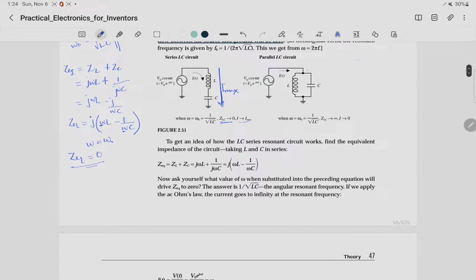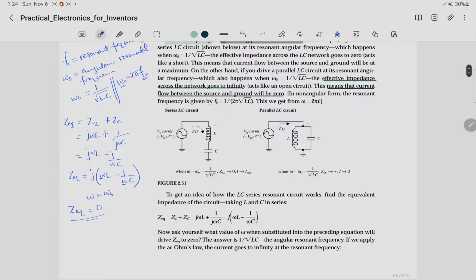If we were to theoretically analyze this circuit, we would also see that at resonant frequency, the voltage drops across these two elements are the same, but opposite in direction, opposite in phase.